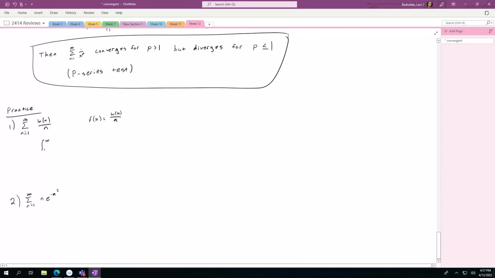So we take the integral from 1 to infinity of the natural log of x divided by x. And to do this, we take a nice u substitution. I'm going to let u equal the natural log of x. So then what is du?